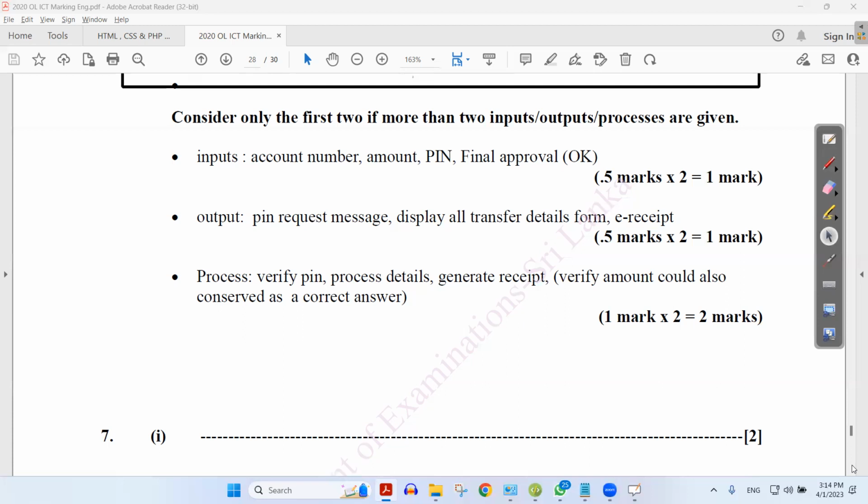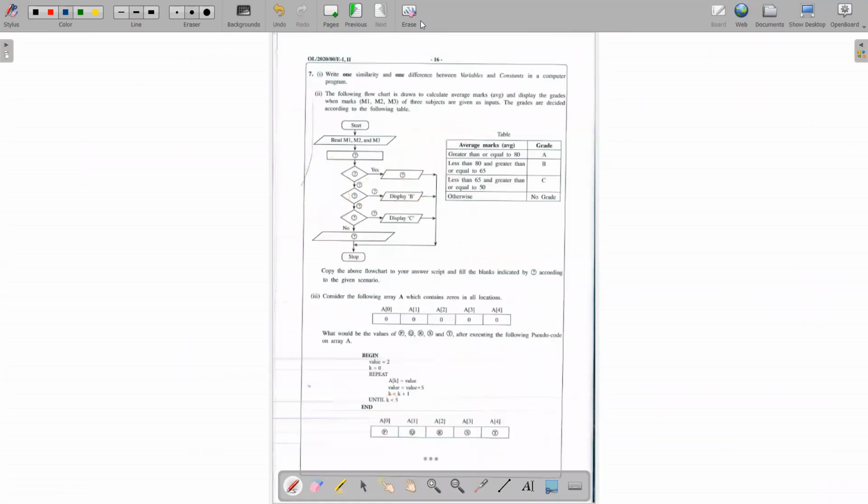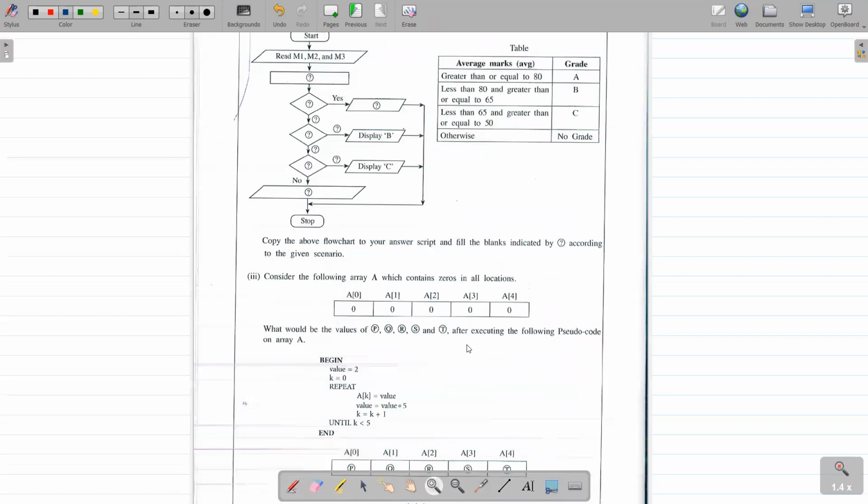Better you move to the 8, 9 marks, but it's a good mark. Okay, Chandri, very well done. Keep it up.